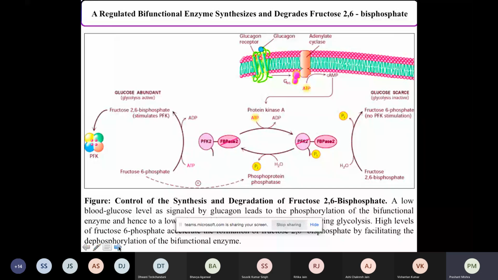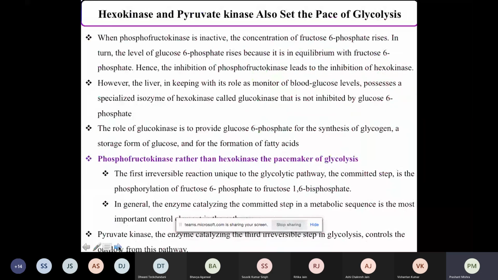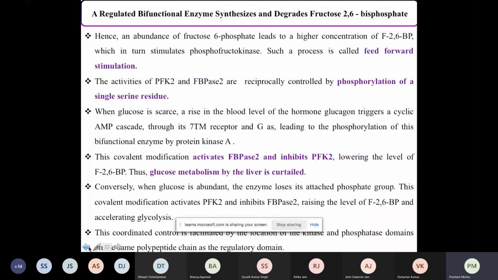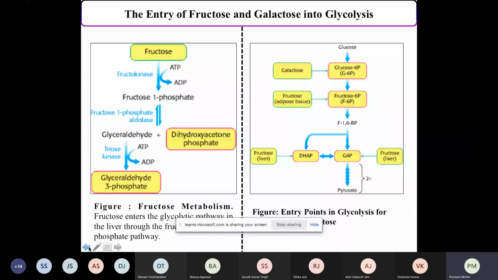Now, as I said, this enzyme is a pacemaker enzyme. That means it is also going to affect other enzymes. So when phosphofructokinase is inactive, suppose I block this. Let me just go back to the reaction to show you exactly what happens.